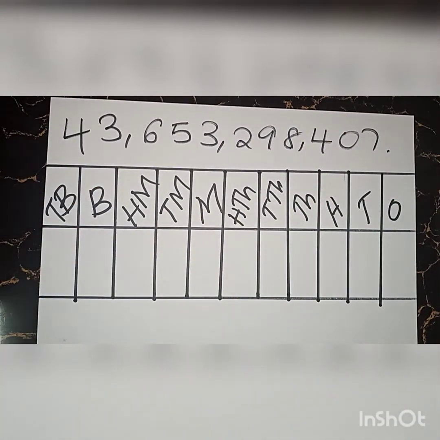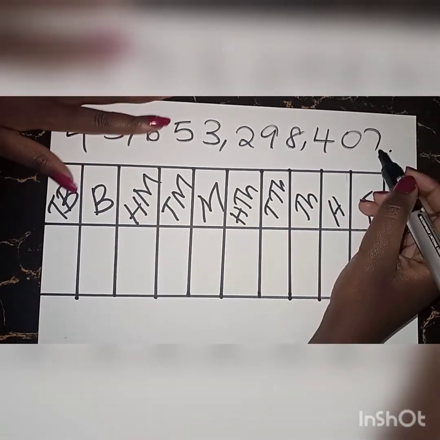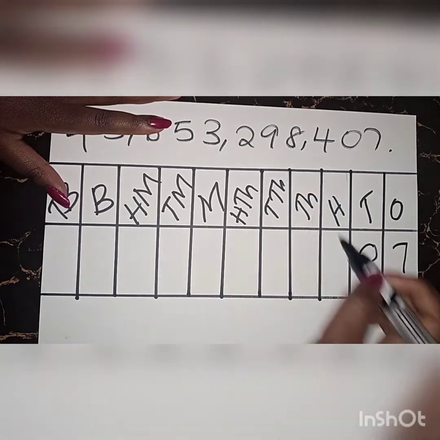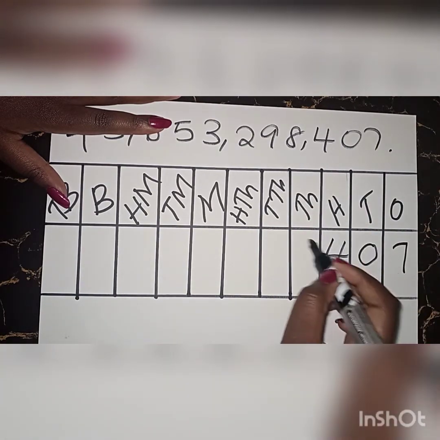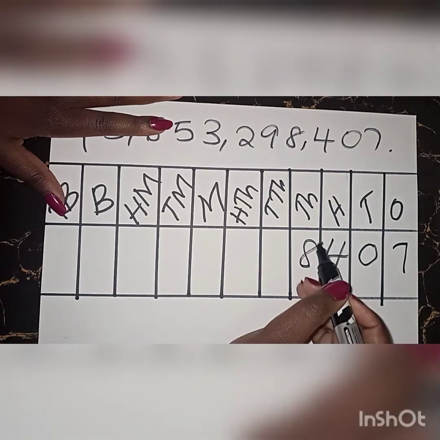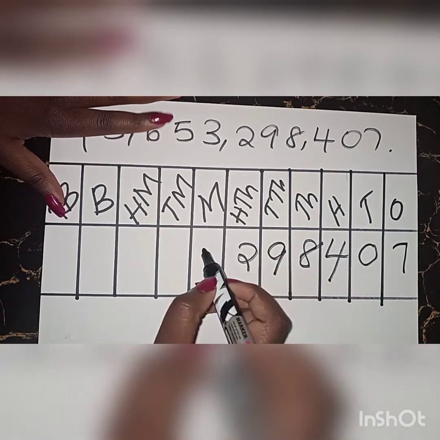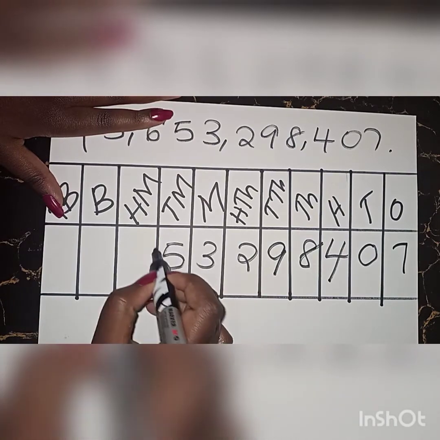So let's find the place value of 6 in this number, and you can also find the place value of the other digits in this number. Okay, so the 7 is in the ones place, 0 is in the tens place, 4 is in the hundreds place, 8 is in the thousands place, 9 is here, 2, 3, 5, and 6.